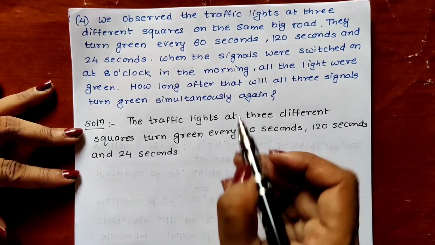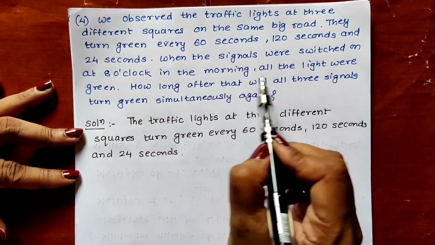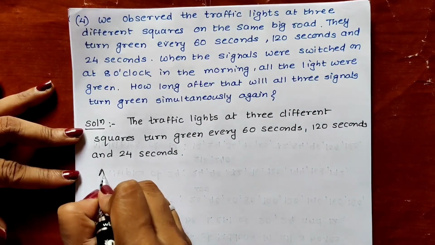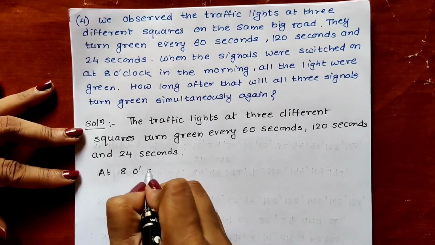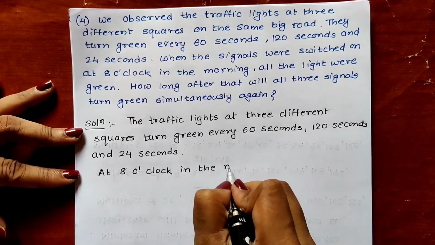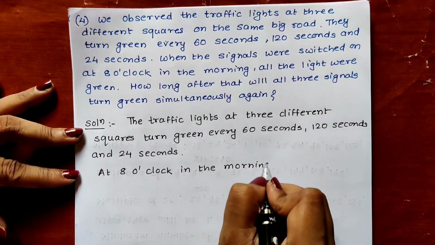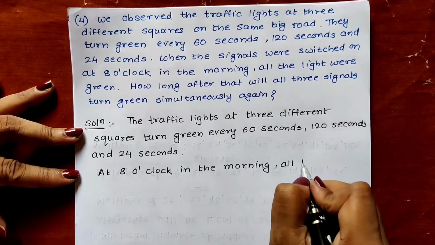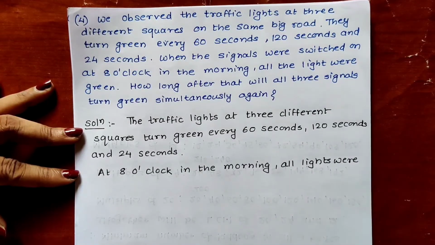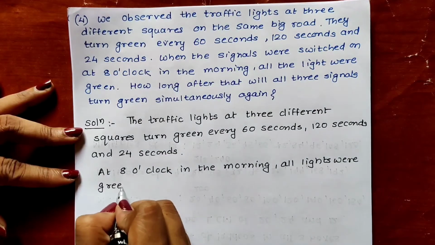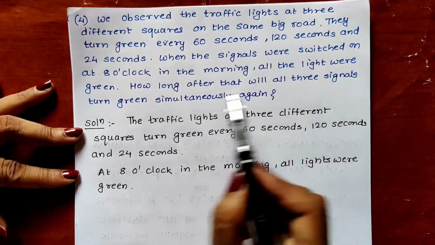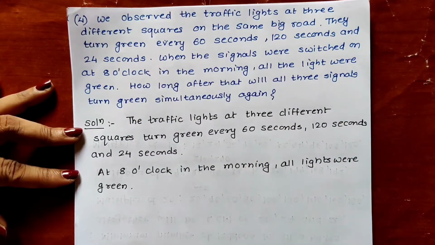Okay, and at 8 o'clock in the morning, when the signals turned on, all lights were green. Now we have to find out how long after that will all 3 signals turn green simultaneously again.